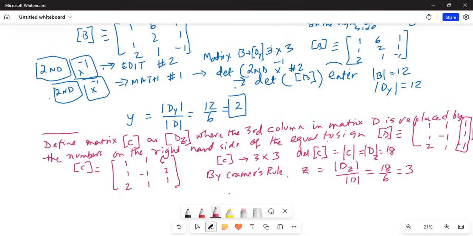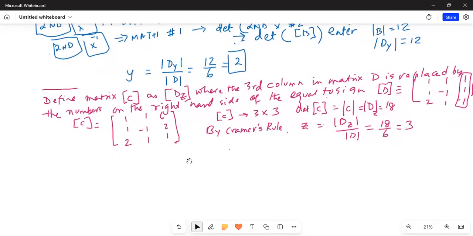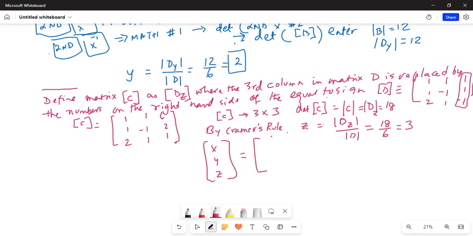So if I move up a little bit, the solution I got is X, Y, and Z, and to write it correctly, is 1, 2, and 3. That's your solution.